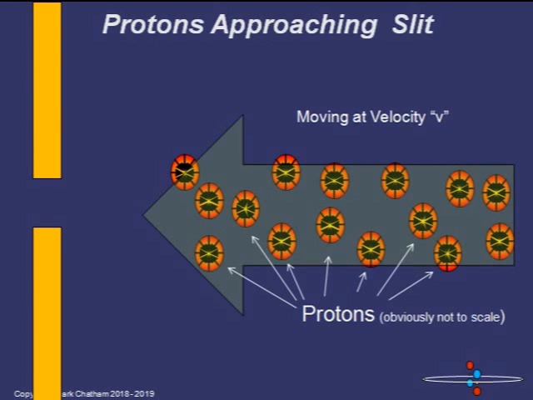Now let's take a look at how these particles react as they are moving through a single slit. The first set of particles are all protons. They're moving at a velocity.